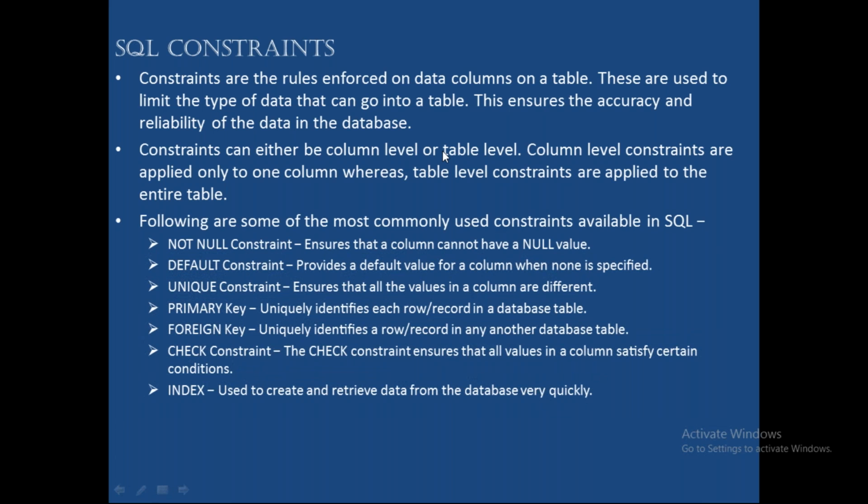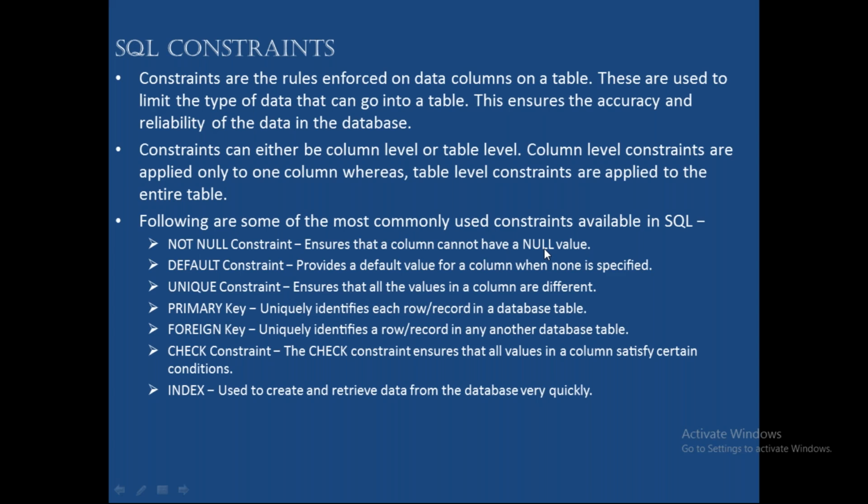Next, the following are some of the most commonly used constraints available in SQL. The not null constraint ensures that a column cannot have a null value. For example, if I give a not null constraint to my course name column, then that column should not have a null value at any time.